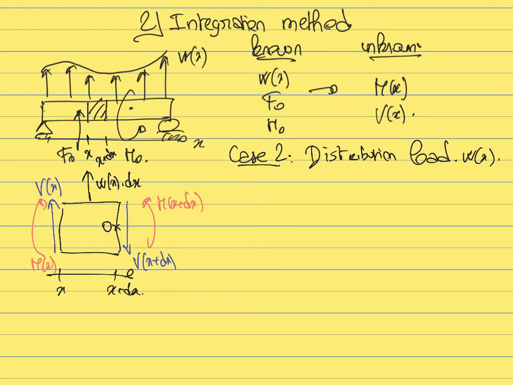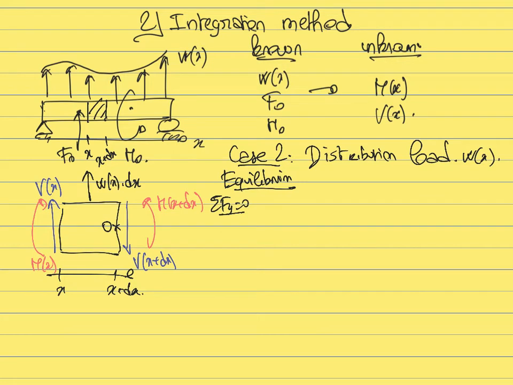Let's define a given point O here, for example. Again, we are going to write the conditions of equilibrium to find the relationship between the moment on the left and the moment on the right, and the shear on the left and the shear on the right. Let's start with the sum of the forces along the y-axis, which has to be equal to 0.